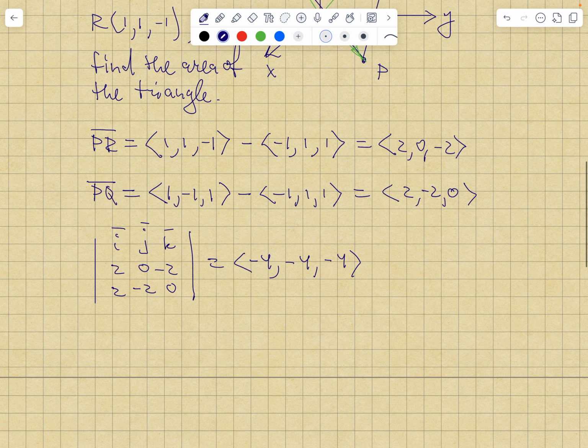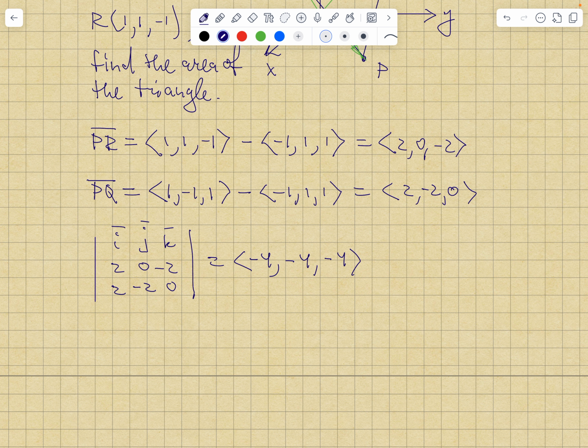And so the area of my triangle is therefore the magnitude of (-4, -4, -4) divided by 2, because this is a triangle and not a parallelogram.